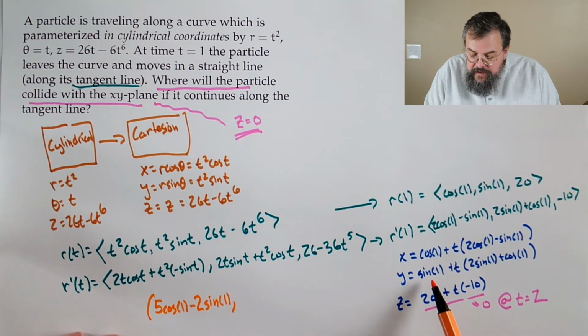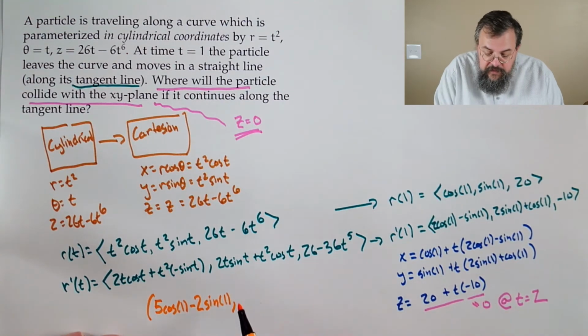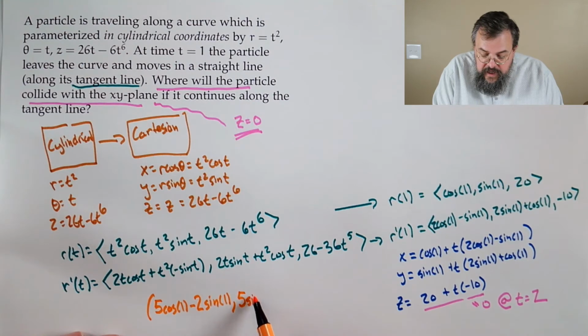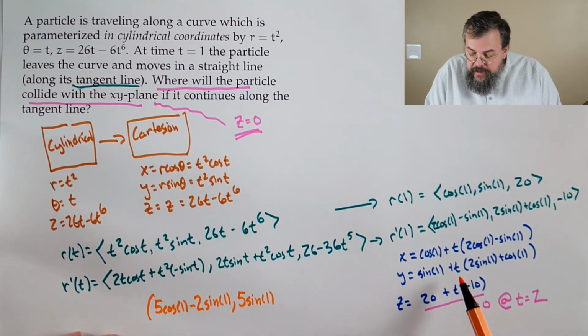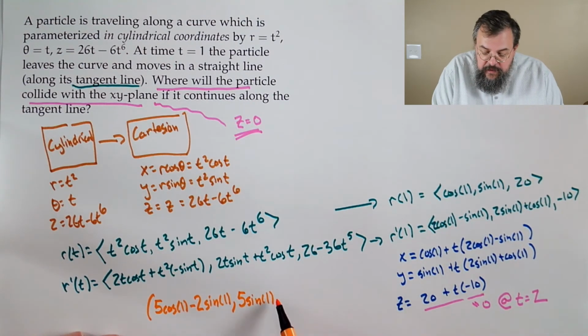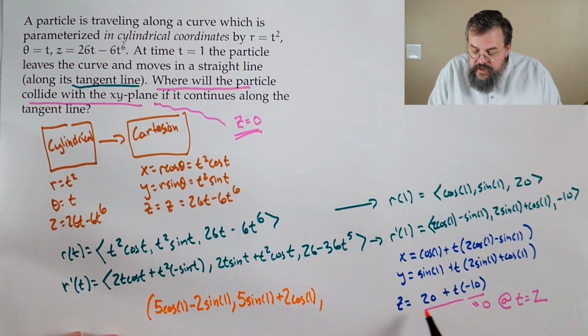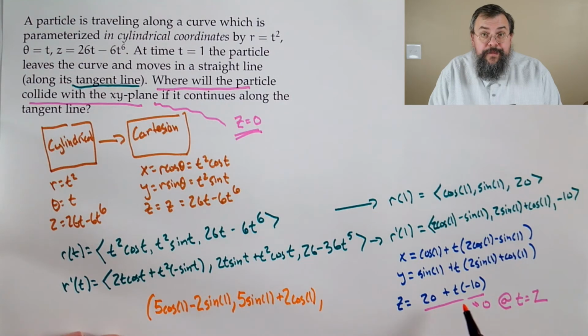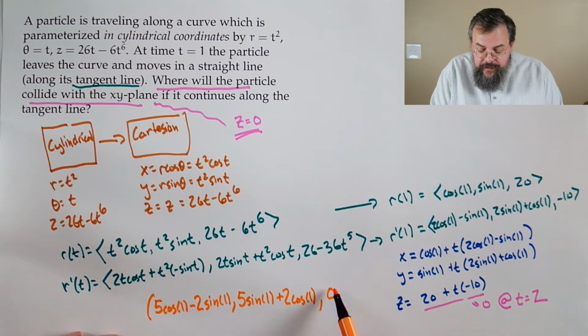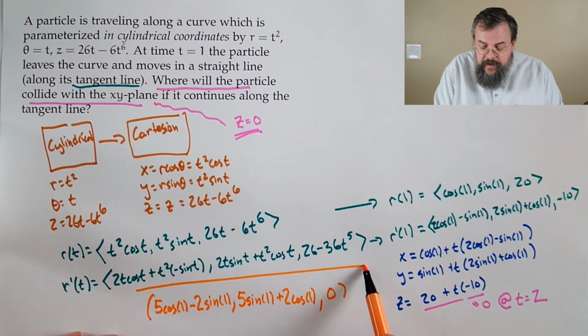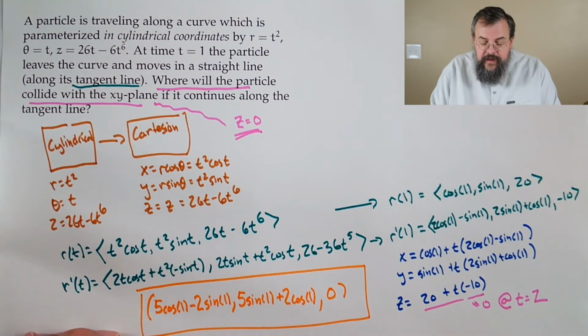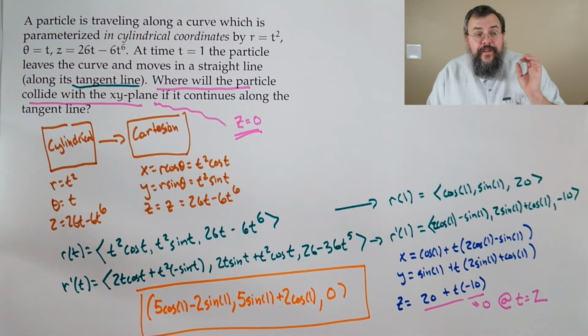Then we're going to get a sine of 1 plus 2 times 2, which is 4 sine of 1. So that's 5 sine of 1, and then plus 2 times cosine, so plus 2 cosine of 1, and then for z, well, it's 20 minus 20 is 0, because we're on the xy plane. And that's our point. That's where our particle is going to hit the xy plane.